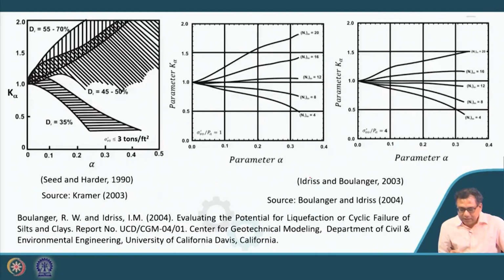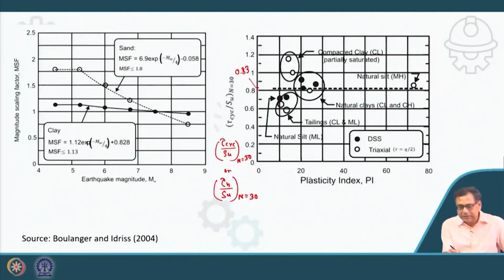So, magnitude scaling factor: two expressions are given, one for sand and one for clay. For sand, the expression is 6.9 exp(-M/4) - 0.058, and for clay it is 1.12 exp(-M/4) + 0.828.